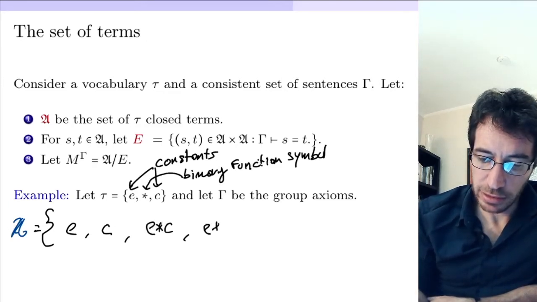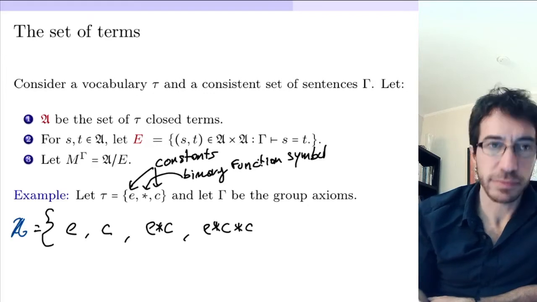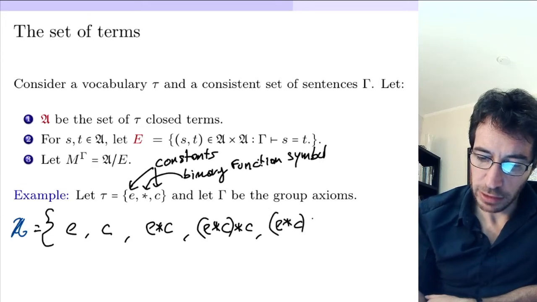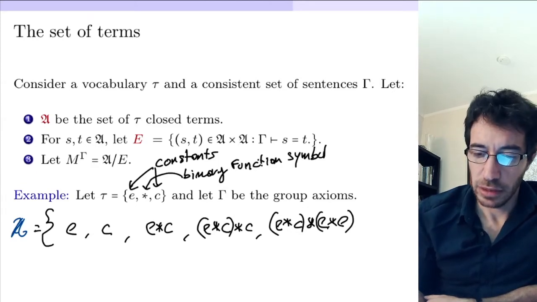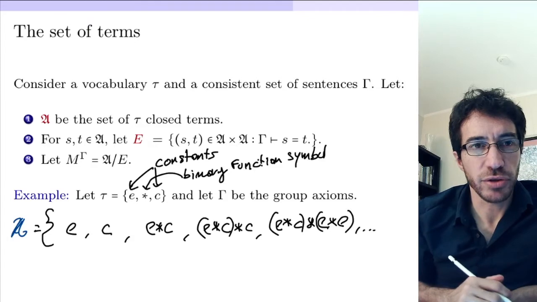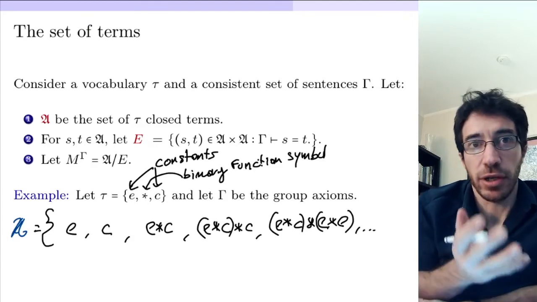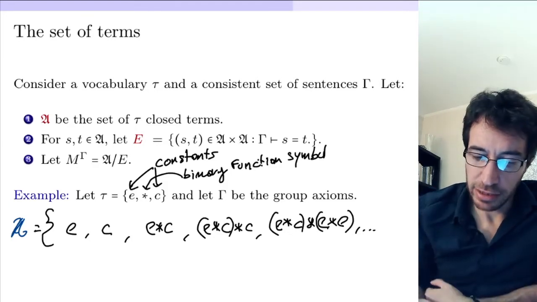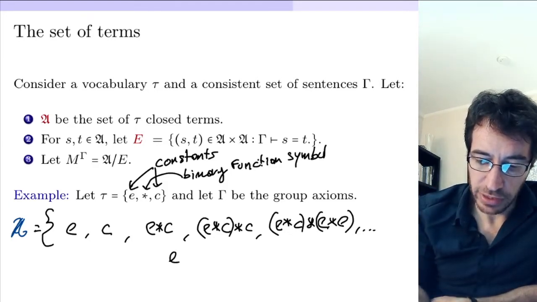E star C star C is a term. E star C star E star E is a term. And you guys get the idea. Anything that you can build out of these operations is a term. The only operation is this star. You can put things together and you can get things that are very large.